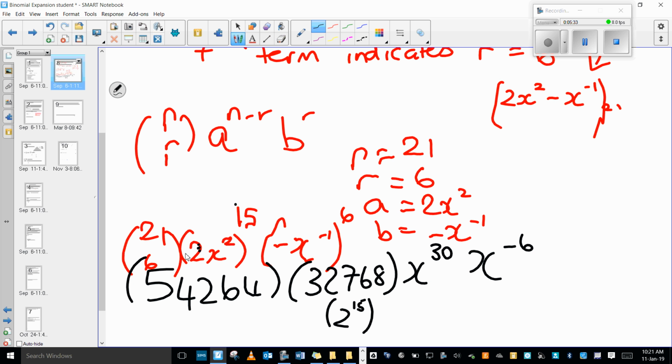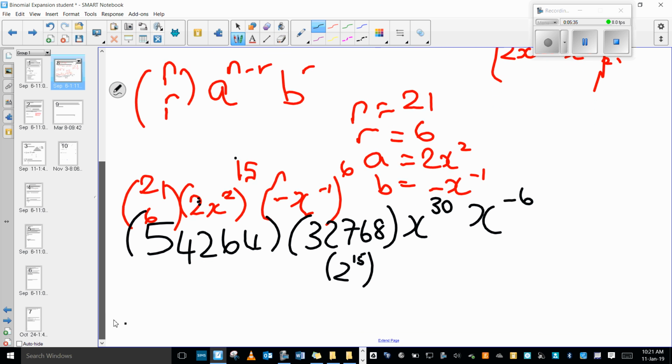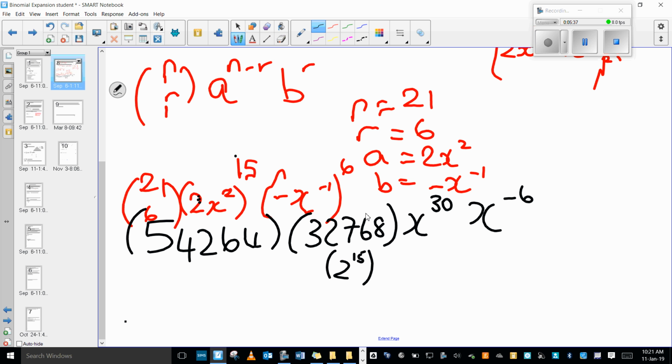What's the trick for the power thing, to tell us negative or positive? If the power is even and the base is negative, it's going to be a positive number. If the power is 5, then it would be a negative value.